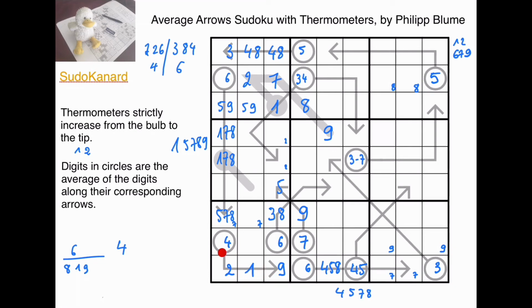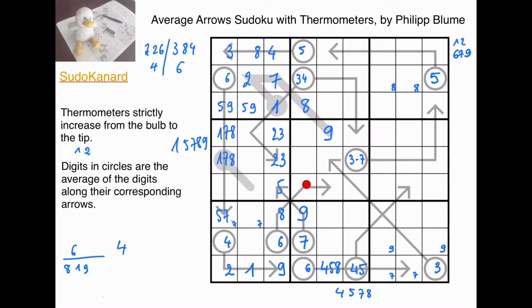Yes, those 5 digits and this 7 and this 5, so only 3 and 8 are possible. What about 3? If this is a 3, then those must have a sum of 15, and with all those digits in this column, that's not possible. So this is an 8. And up there, that's a 5, that's a 4, and that's an 8. And we get a 2, 3 pair.